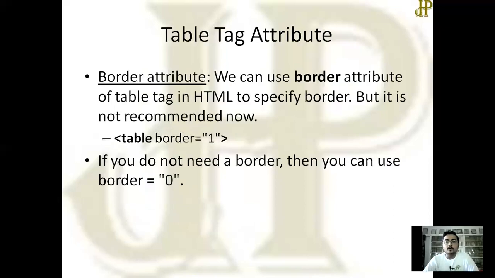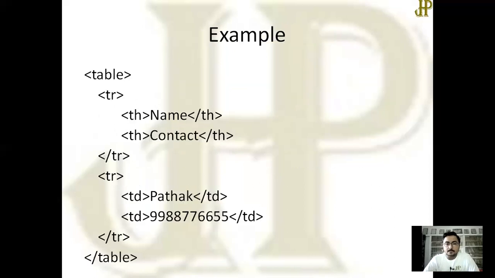Now, I am going to discuss some attributes that are very important regarding tables. By default, whenever you create a table as in the previous section, the table will be represented without any border. So it looks like simple data. A table should be represented with a border. There should be a specification between row and column. Where is the column? Where is the row?